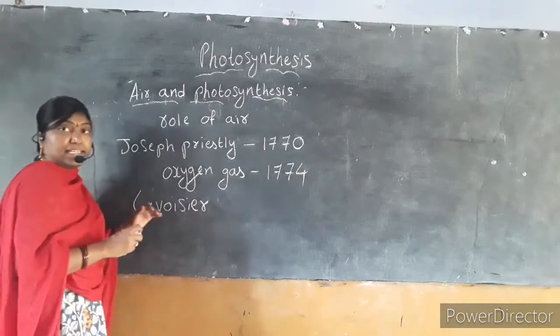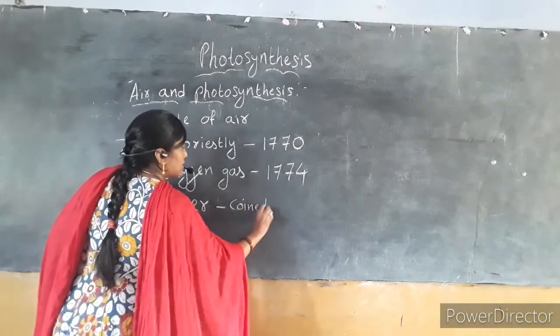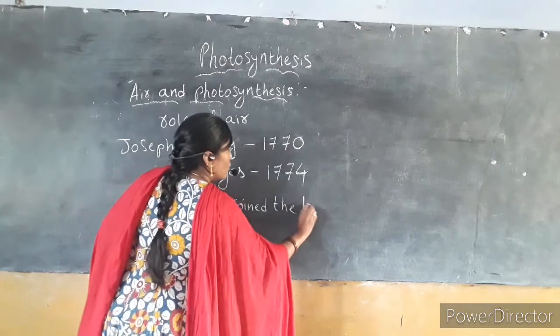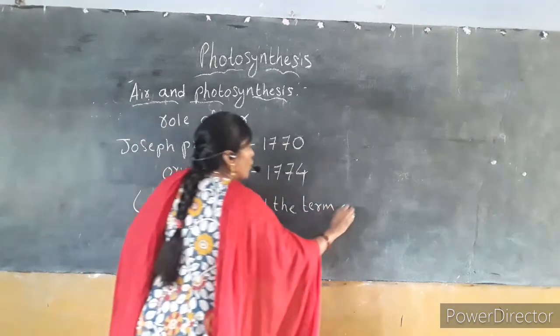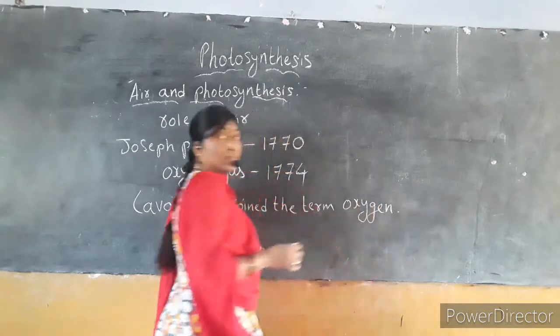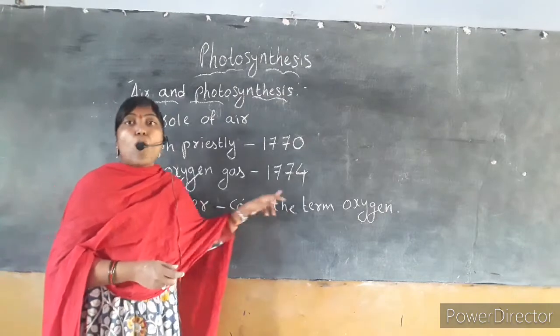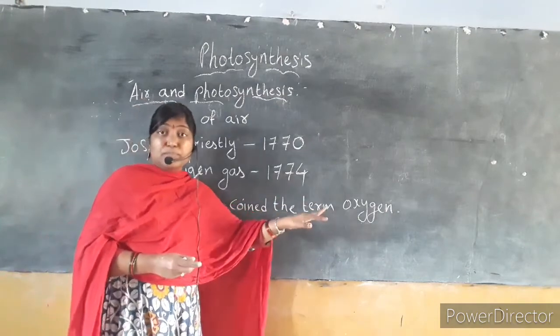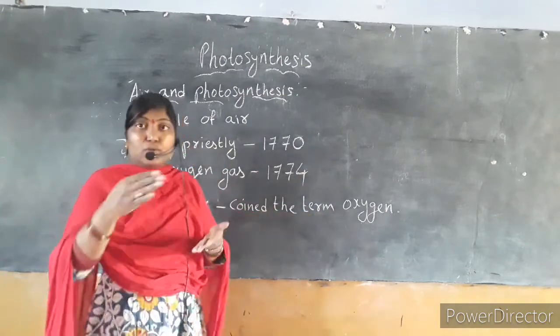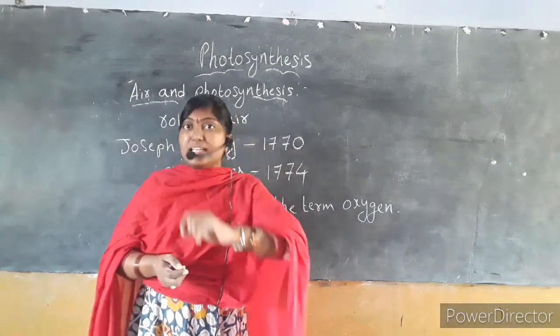Lavoisier is a scientist who coined the term oxygen. Very simple. Joseph Priestley, during a series of experiments, discovered one living gas.